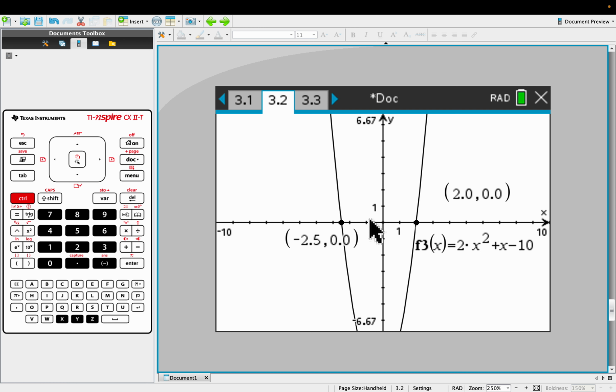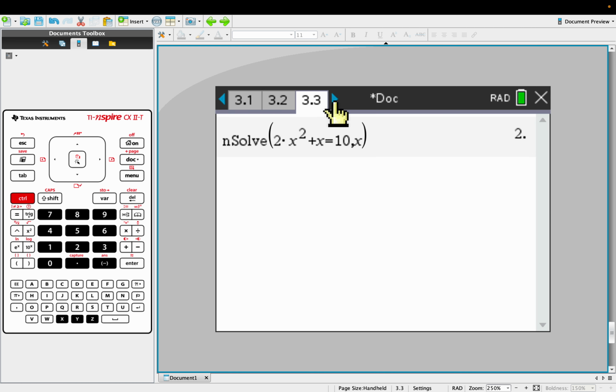So nsolve zips up and down the x-axis, finding the zeros, but it stops at the closest one. The closest one to the origin is this one. It's missed this one. So it could be a bit of a problem, but actually, go and grab it. And now we're going to search from 0 down to negative 100.